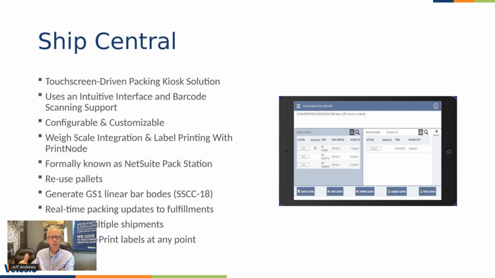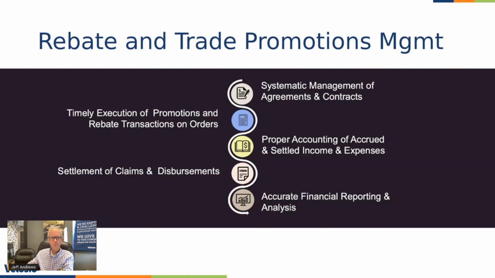Most all of your labeling has already been a feature of NetSuite, but now you can more easily reprint those if something happens and you need to change the ship-to address. And you can also do what's called GS1 linear barcodes and have multiple ship-tos and just a lot more capability in what is called NetSuite Ship Central now. So if you are a distributor, you do a lot of pick, pack, shipping, ask us about this capability.